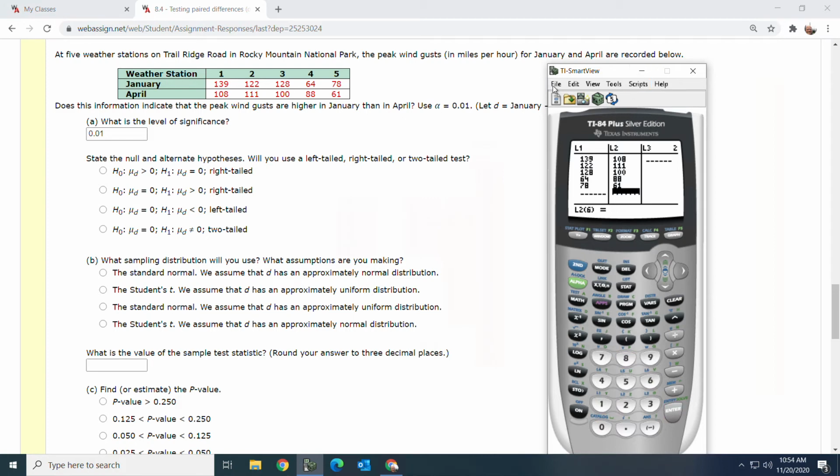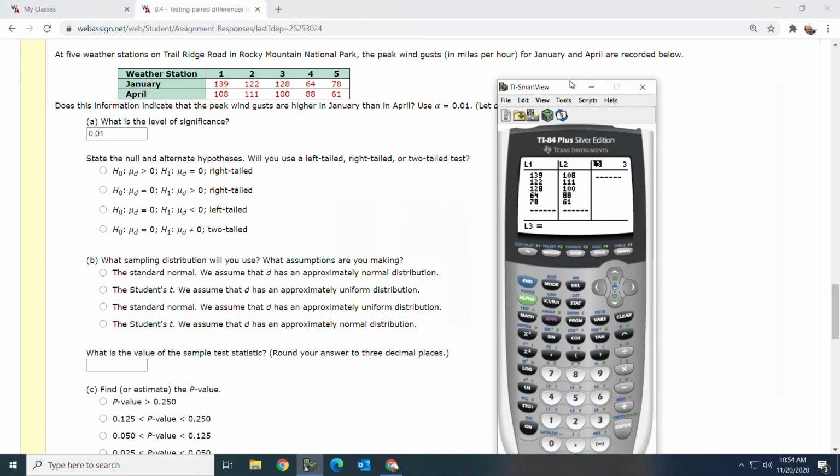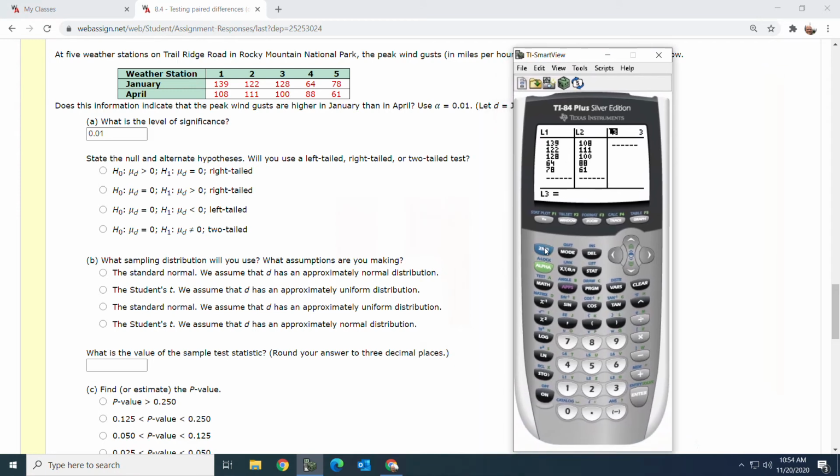Now again, difference is defined as January minus April. So this time it's going to be L1 minus L2, January minus April.